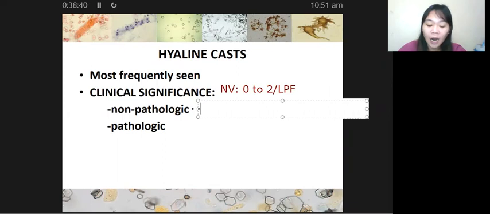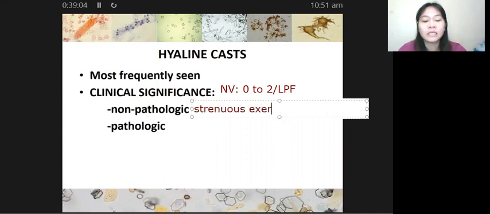Okay, so there are certain diseases which are associated with the presence of your hyaline casts, and of course there are also non-pathologic conditions which will result to the formation of your hyaline casts. Okay, so non-pathologic condition would include strenuous exercise.